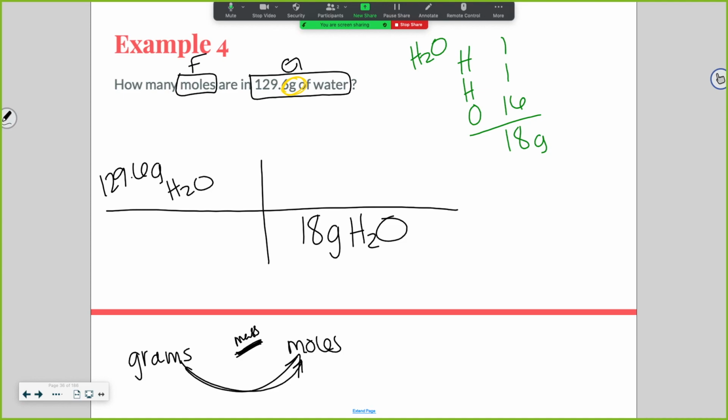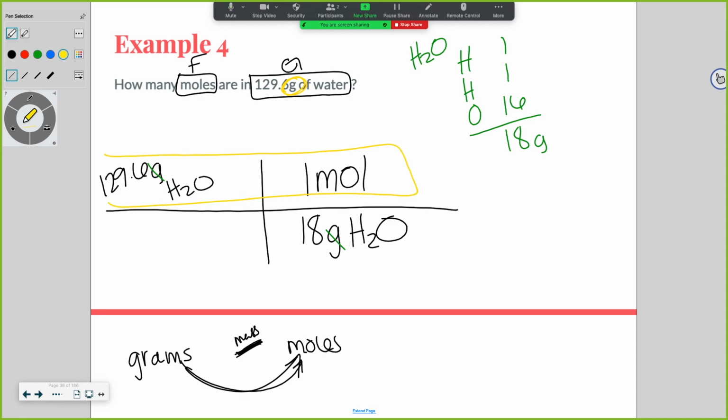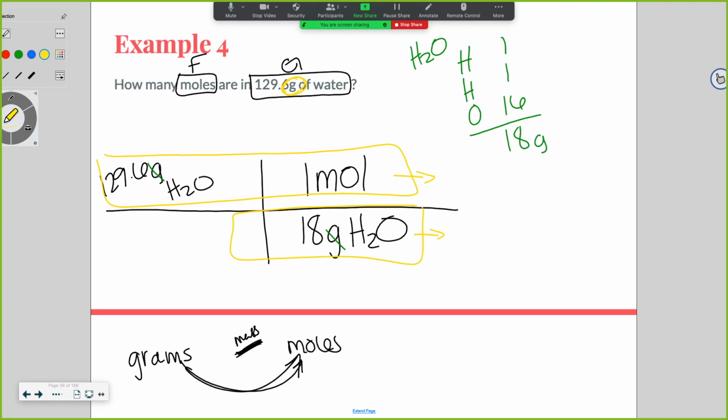I want to find moles. So what's the base unit for mole? For mole, not particles. 1 mole. All right, here you see your gram cancel and gram cancel because whatever goes up must come down. Multiply across the top. Write your answer. Multiply across the bottom. Write your answer.